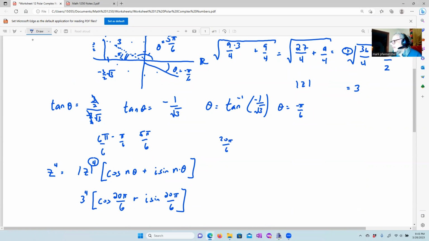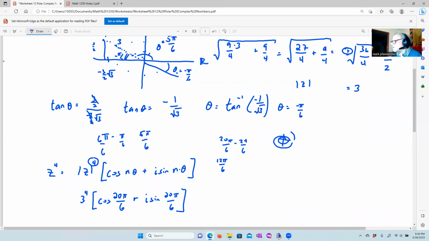It's 24 pi over 6 minus something, or 12 pi over 6 would be right? 12 pi over 6 is a fancy way to write 2 pi. 24 pi over 6, 24 over 6, that's 4. So all I'm doing is we run around the circle once, that's 12 pi over 6. We ran around the circle twice, that's 24 pi over 6. And then we keep going a little bit further.